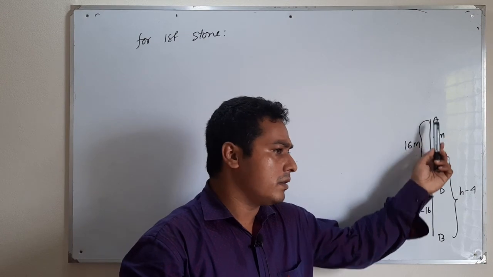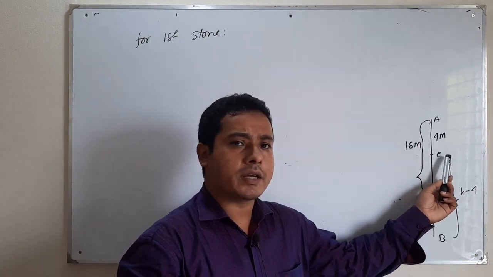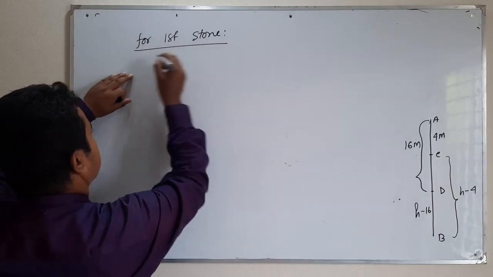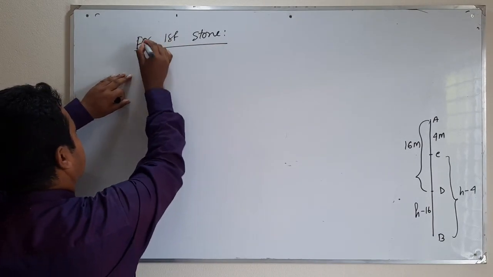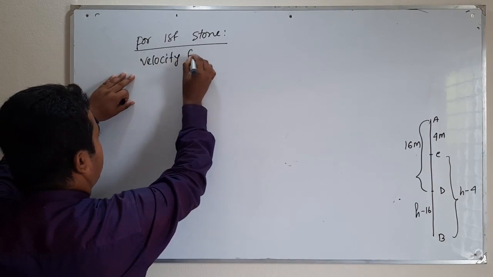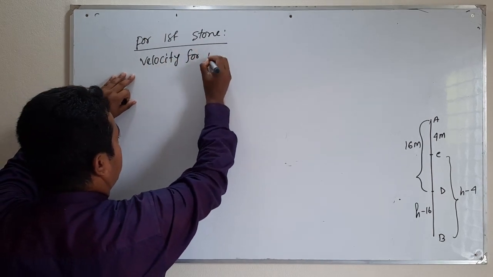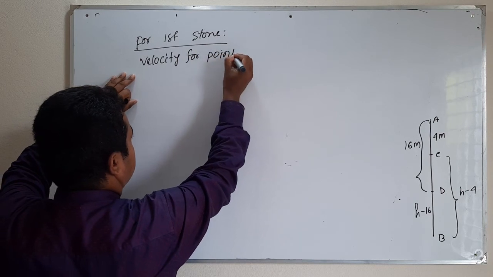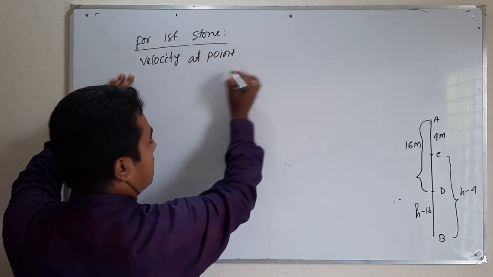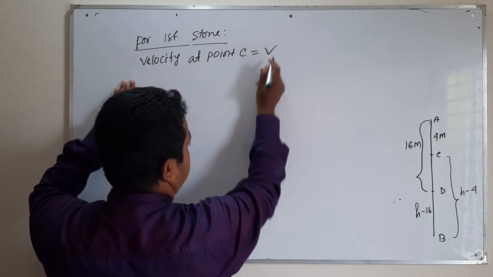For AC, let the velocity at point C be equal to V.